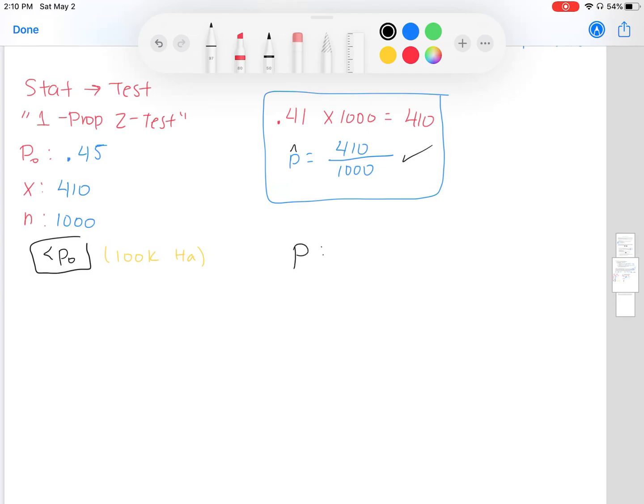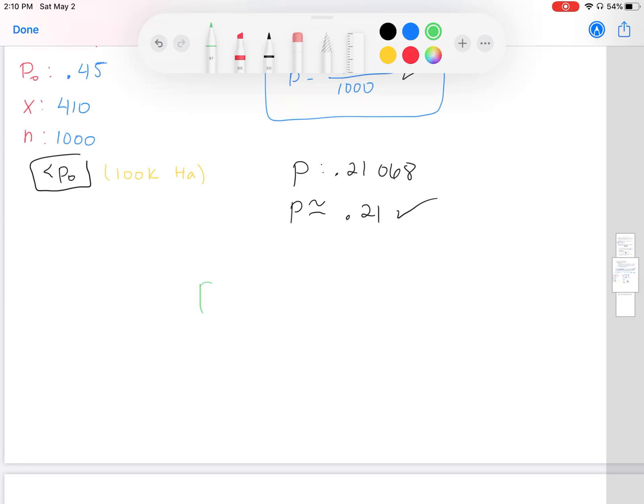Our p is 0.21068, and we can round it to 0.21. That's what we want to compare to our alpha. Now you want to write p and alpha and compare them. We have that written above. You have two options. If it's greater than alpha, you fail to reject.